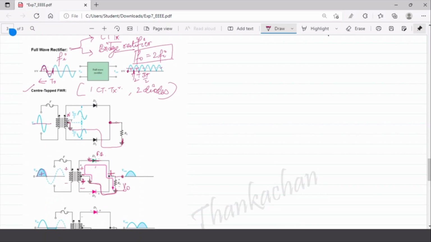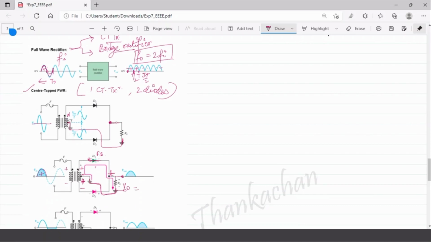And what about this center tap? This is negative. This negative is actually now connected to the other terminal of the resistance. Basically, what is this voltage then? The output voltage is basically equal to the voltage of the secondary winding with the positive polarity.